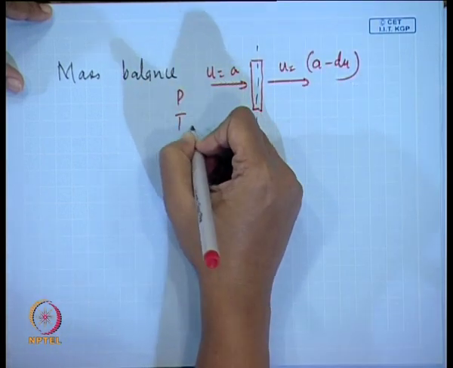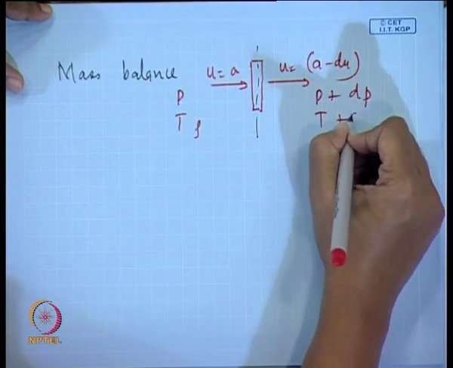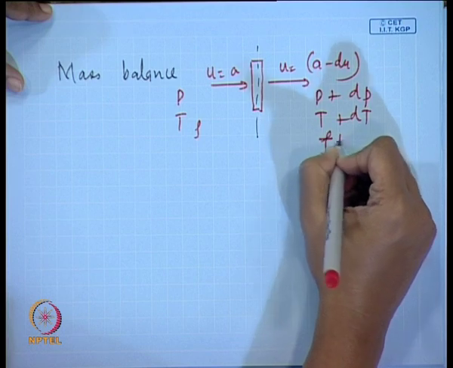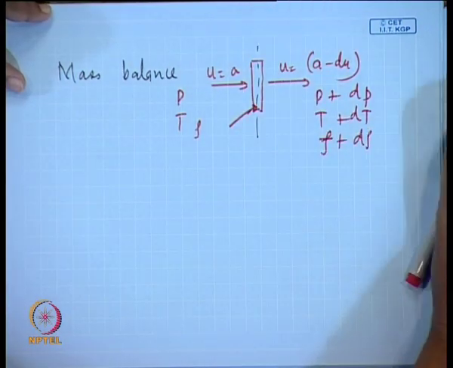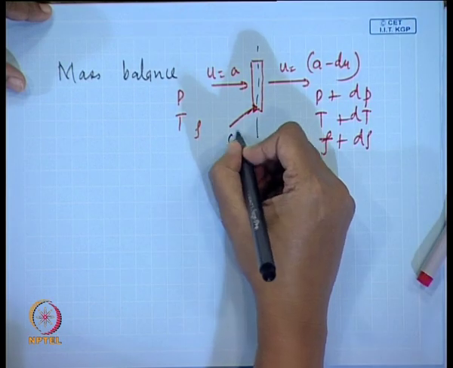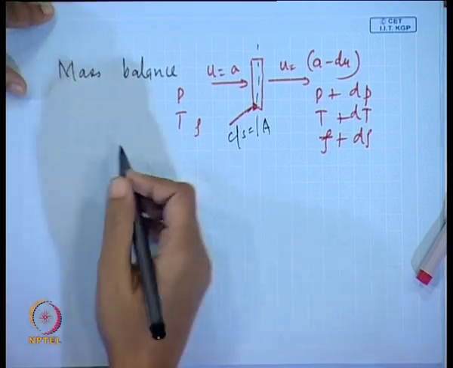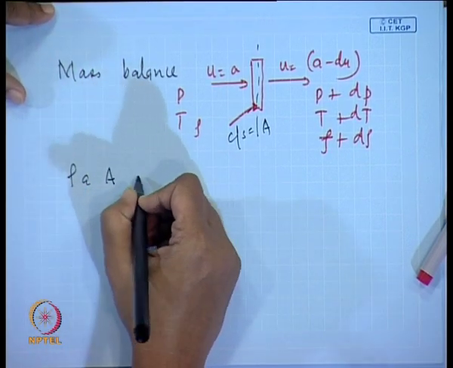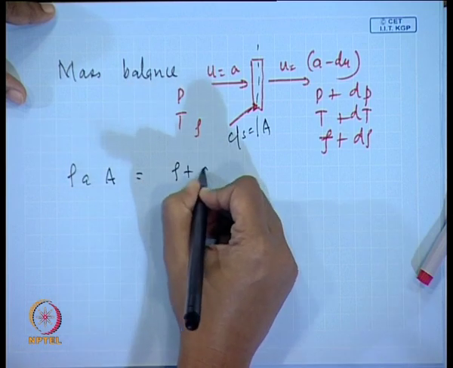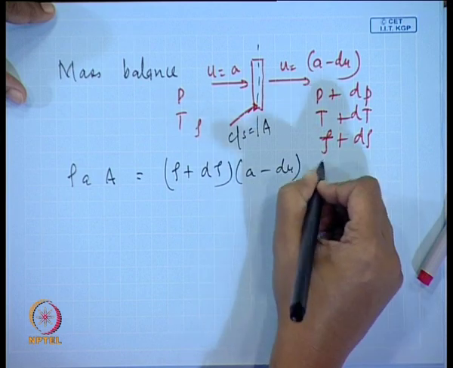Here it was P, T, rho, here it was P plus dP, T plus dt, rho plus d rho, and of course, I have already told you that the cross sectional area is equal to A. Now, from mass balance, what do we get? Mass entering is rho A, mass going out is rho plus d rho times A minus du times A.